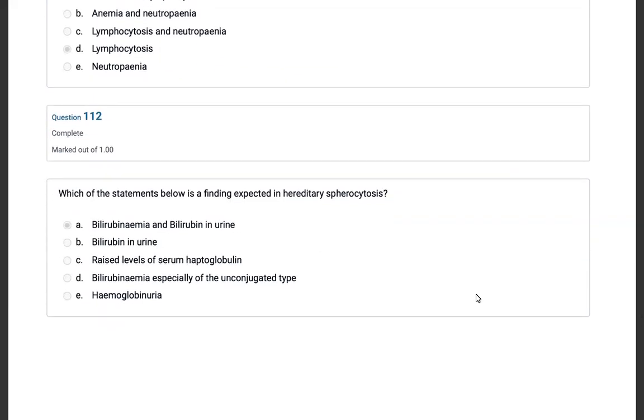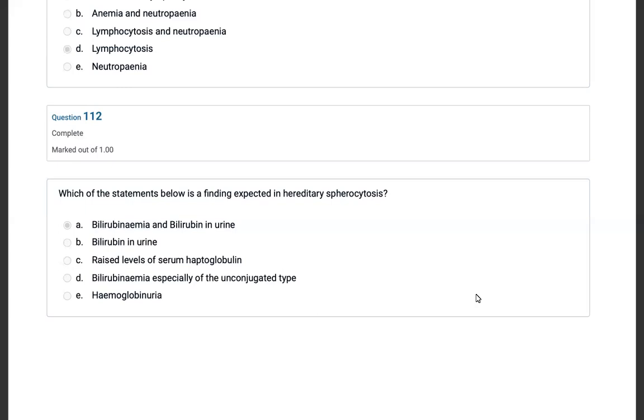Right. So which of the following statements is a finding expected in hereditary spherocytosis? For hereditary spherocytosis, it's a hemolytic anemia, and we know that if you look at your bilirubin and the whole metabolism, we have three maybe causes of jaundice or increase in bilirubin. We have the prehepatic, the hepatic, and the posthepatic. So for hemolytic anemia, what happens?